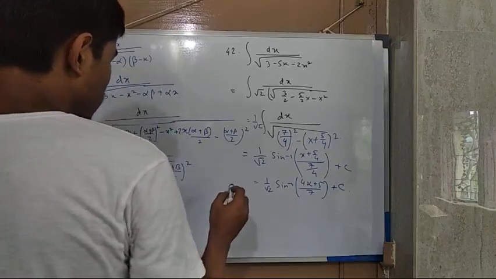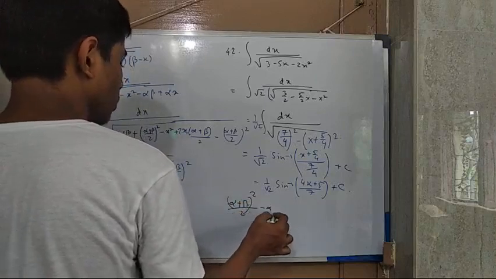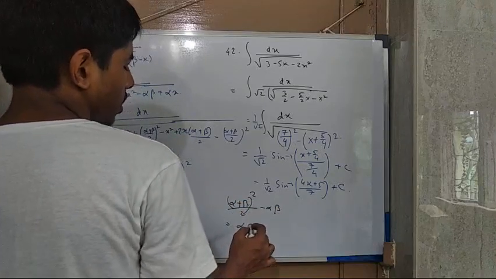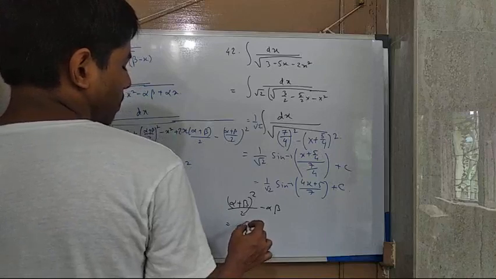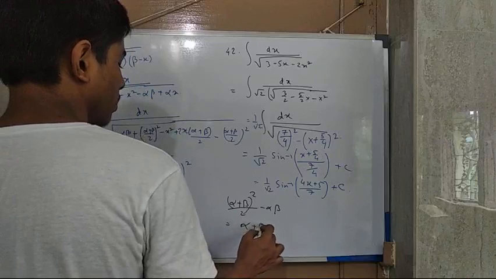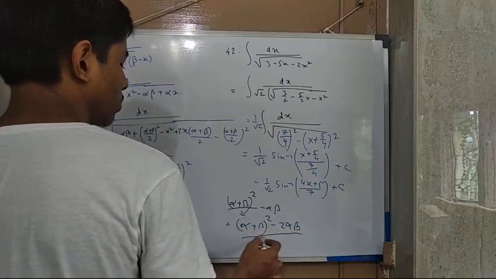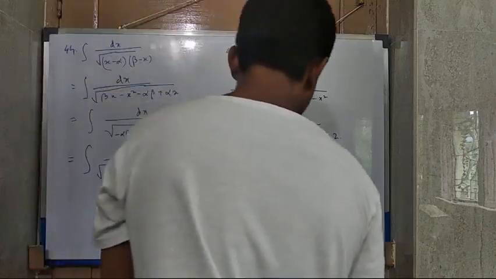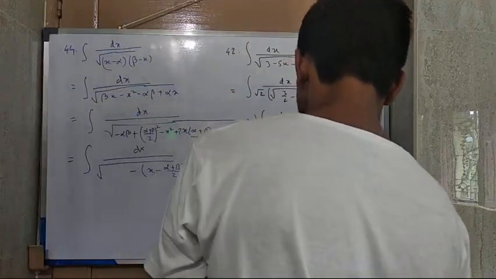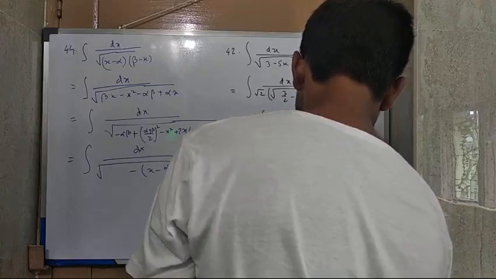So let's simplify this as alpha plus beta squared by 2 minus alpha beta, which is alpha plus beta squared minus 2 alpha beta by 2, which is actually alpha squared plus beta squared by 2.